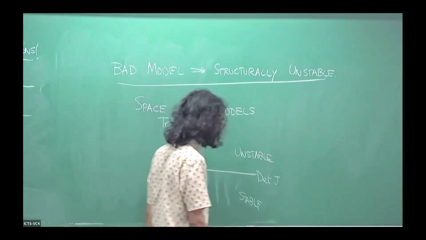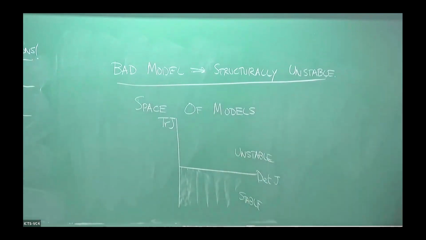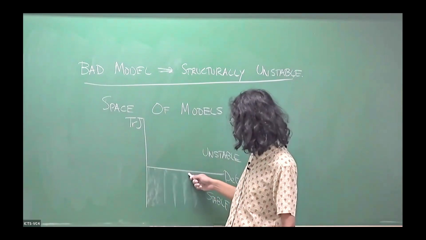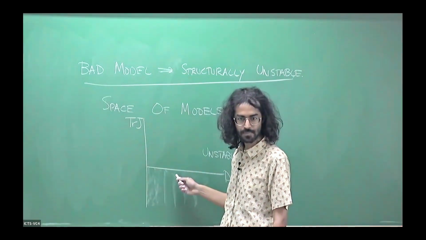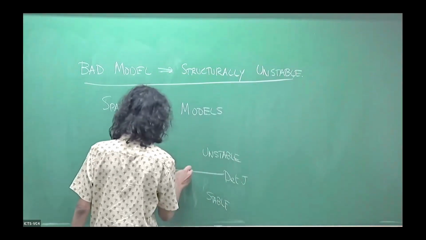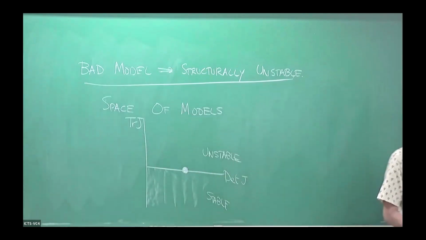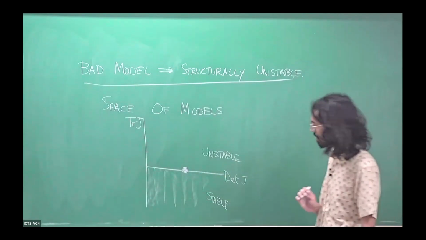So where is the Lotka-Volterra predator-prey model sitting in this space of models? Trace equal to 0 and determinant was positive, right? So somewhere here. Now let me describe to you what I mean by structural stability.